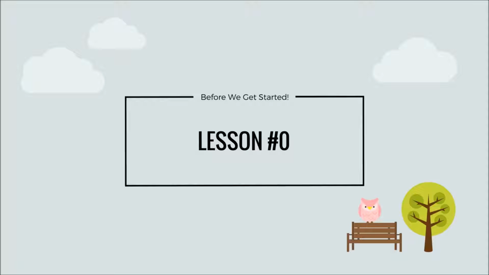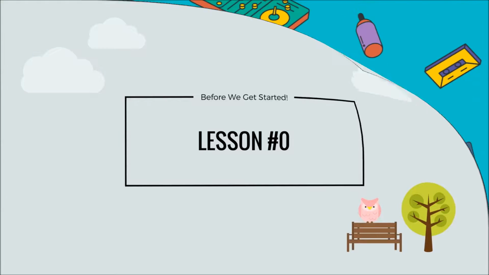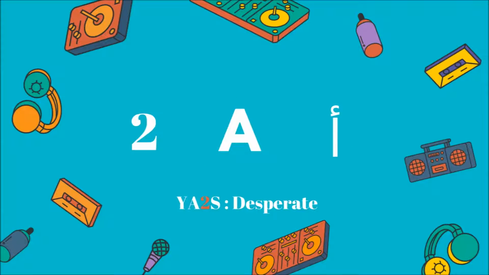So let's start. The first letter here is Alif or Hamza. It's like a frozen A, and we use number 2 to represent it. This is an easy letter to pronounce because its sounds exist in English already, but it's used differently. Because in English, when A is used in the middle of a word, it acts as the accent to the preceding consonant. So it's the A sound in hat or bat.